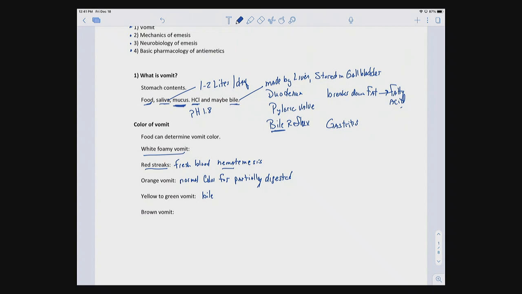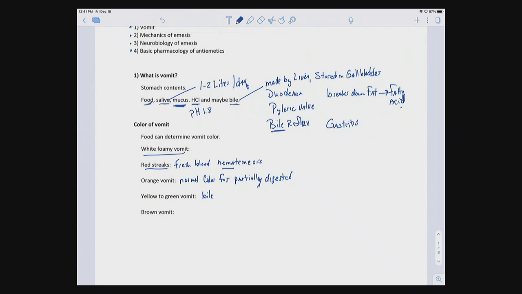And so a lot of times that could indicate either bowel obstruction or if you have paresis or paralysis of the smooth muscles of the small bowel, where they're not undergoing their normal contraction, propelling the GI contents onward, that could also create a situation where you would have some reflux from the duodenum back into the stomach through the pyloric valve.